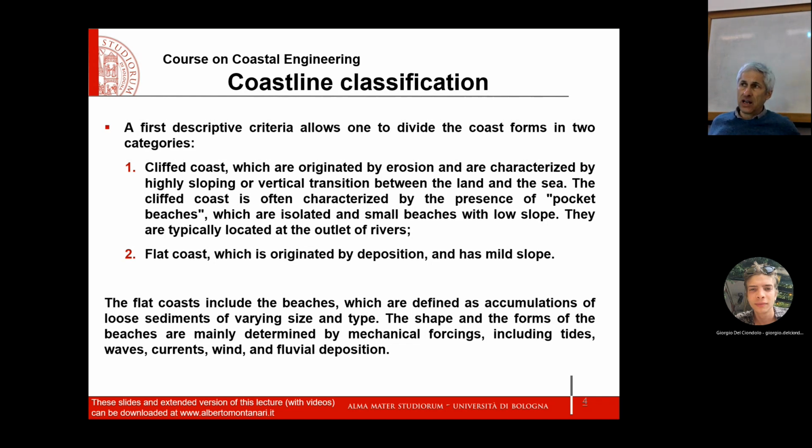And let me give an example of a first descriptive criterion. This descriptive criterion allows us to divide the coast forms in two categories. We can identify the cliffed coast, which is originated by erosion by the sea.